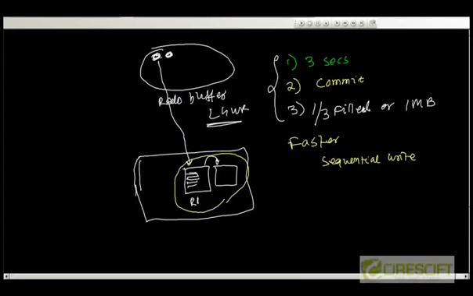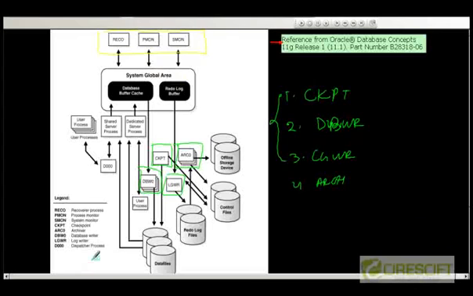The next thing is the archiver process. Let's go back to the main picture. This is how log writer writes from the redo buffer to the redo log files.